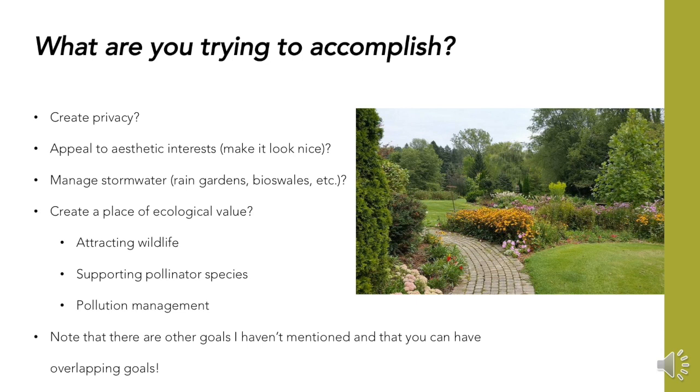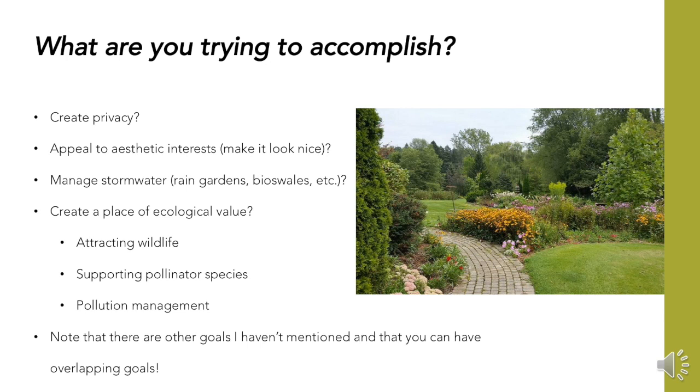You might be trying to do some management of the stormwater on your property, so diverting the rainwater from your rooftops into a rain garden, or moving water from a wet spot of your property to somewhere else through a bioswale.